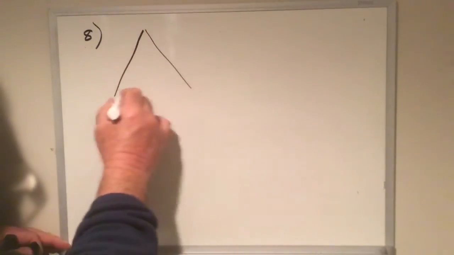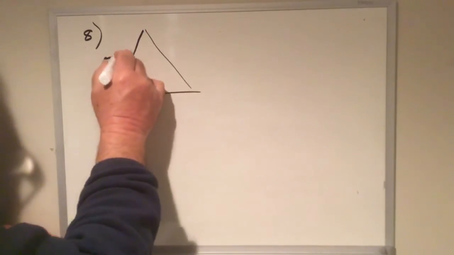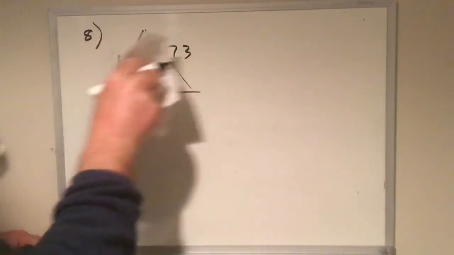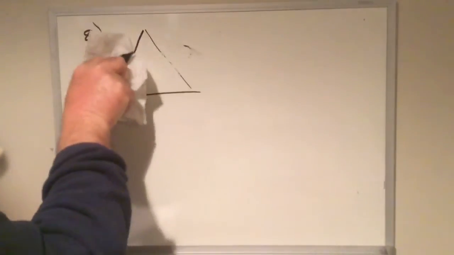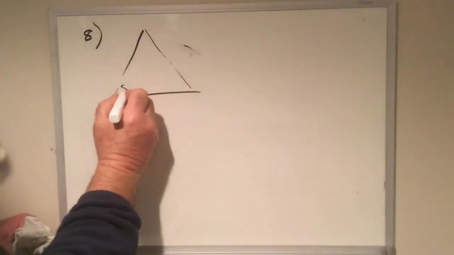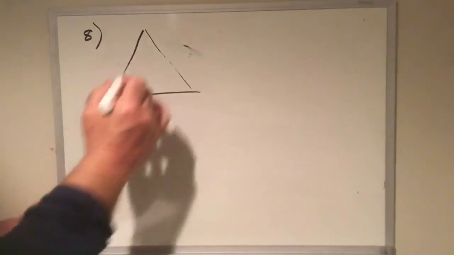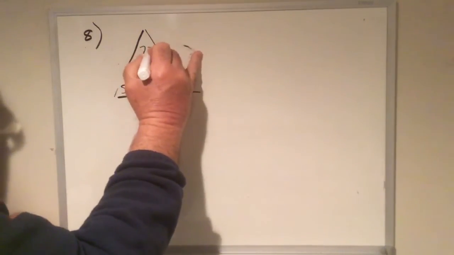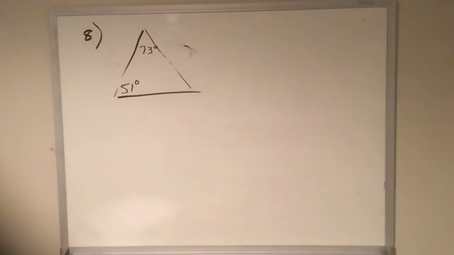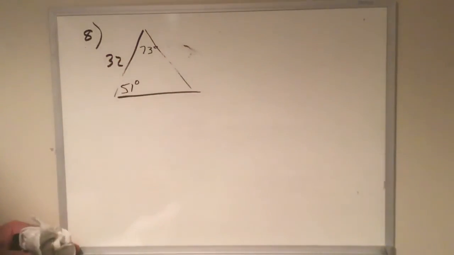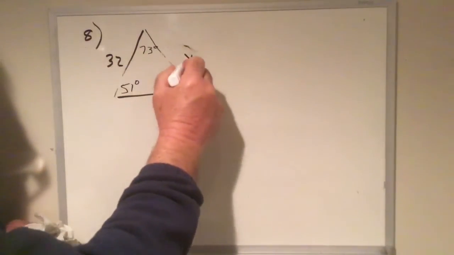Looks something like that. 51, 73. 51 is the angle measure here, and 73 is the angle measure. So we've got two angle measures again here. They give us this side length, 32, and they ask us to find this side length, x.